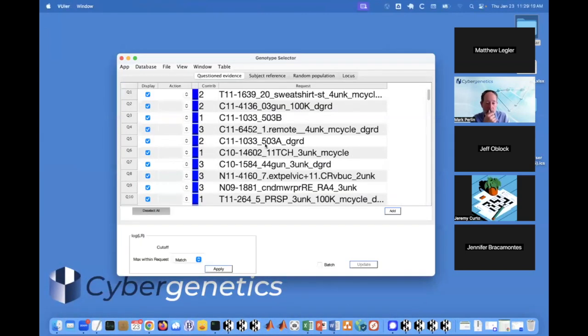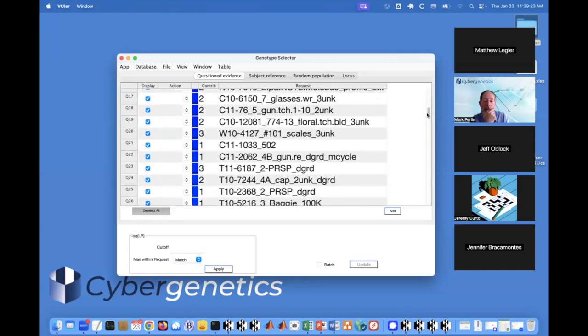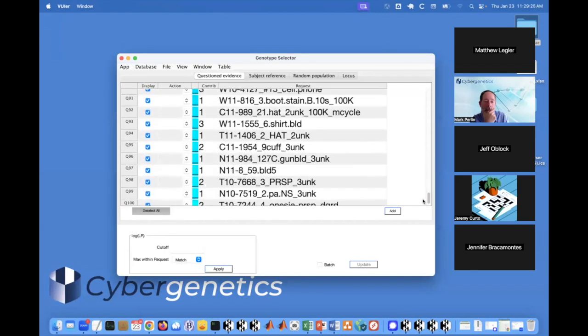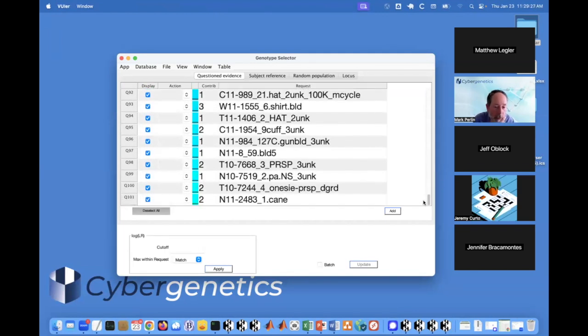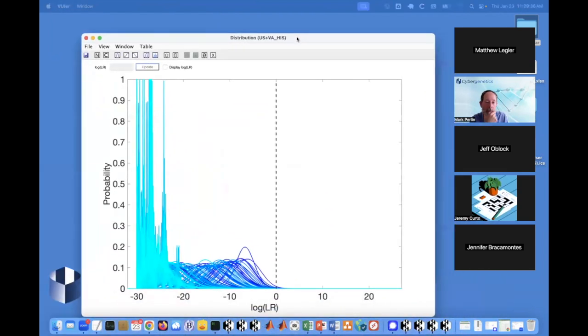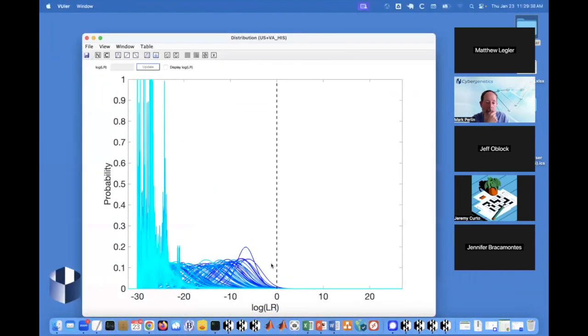So what I did to generate this is these are all the genotypes from the Virginia validation. Loading all that in and then doing the likelihood ratio calculations took about 22, 23 seconds. And then to generate the distributions for every single one of those took about another 15 seconds.